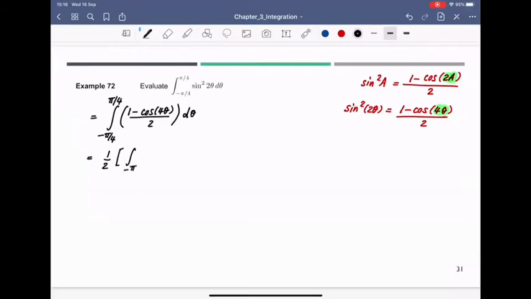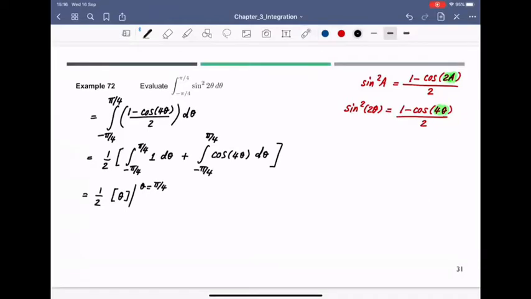Integrate from negative pi over 4 to pi over 4 of 1 d theta, plus integrate cosine 4 theta from negative pi over 4 to pi over 4 d theta. Next I integrate 1 d theta, so I get theta. Then I evaluate at theta equal to pi over 4 and theta equal to negative pi over 4.